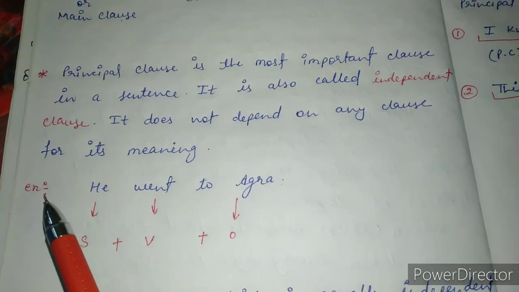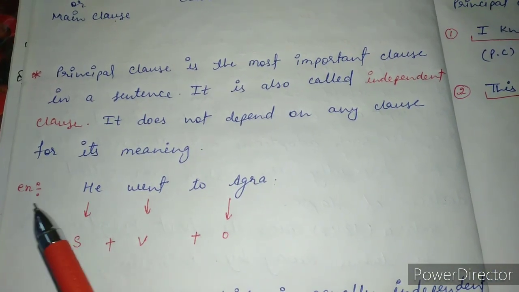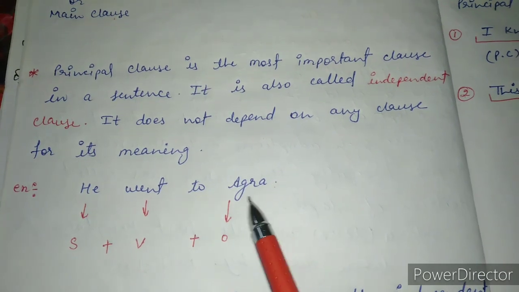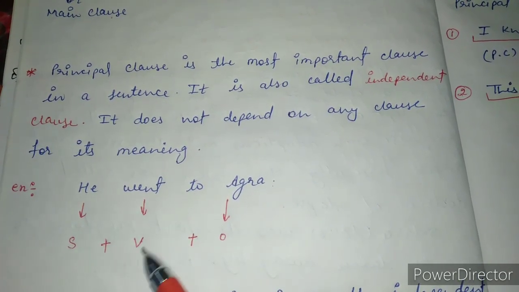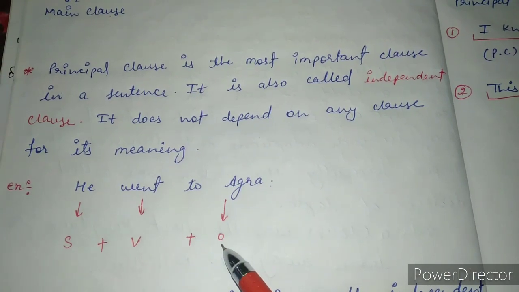If you want an example, here is an example. You can see: He went to Agra. He stands for the subject, went is the verb, and Agra is the object.